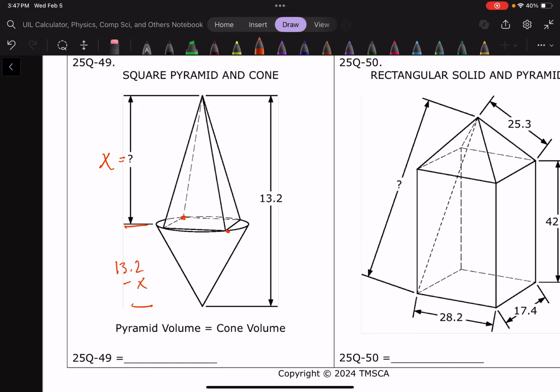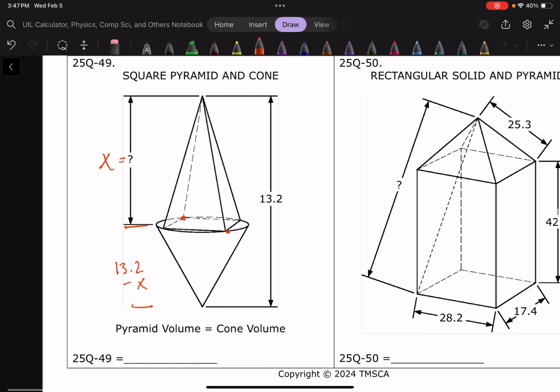All right, well, part of the challenge here is that we need to relate the radius and the side length through here. So what do we know? We know that the corners of the pyramid touch the rim of the cone. So what we can say is that the diagonal, D, is equal to the diameter.